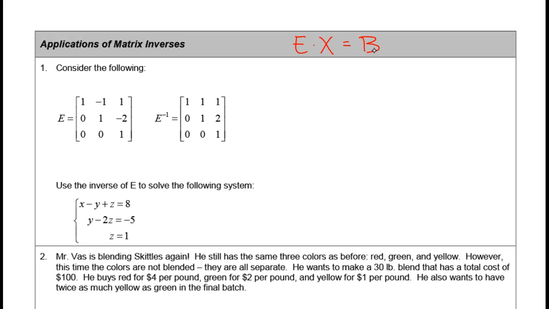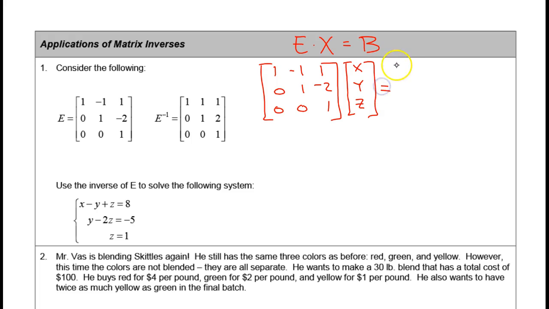If I write out this matrix equation, it's going to look like this. I'm going to have matrix E, and then I'm going to multiply that by matrix X, which is my variable matrix, 3 rows, 1 column, which represents my variables. And that's going to equal the constant matrix, or the constants from my system of equations right here.